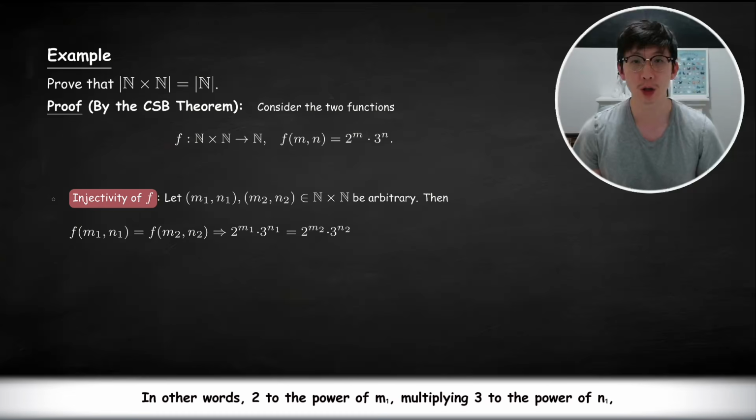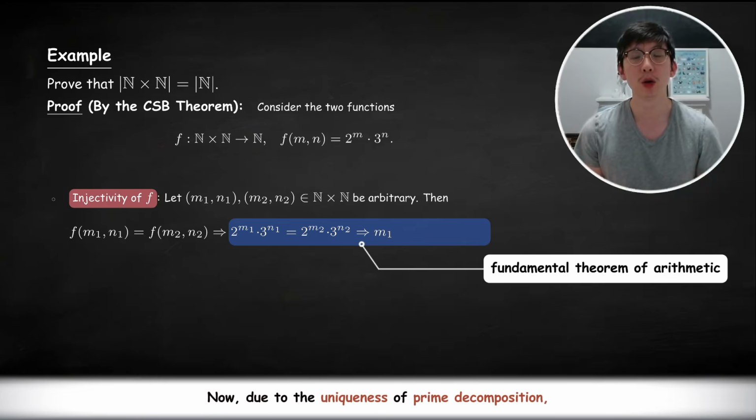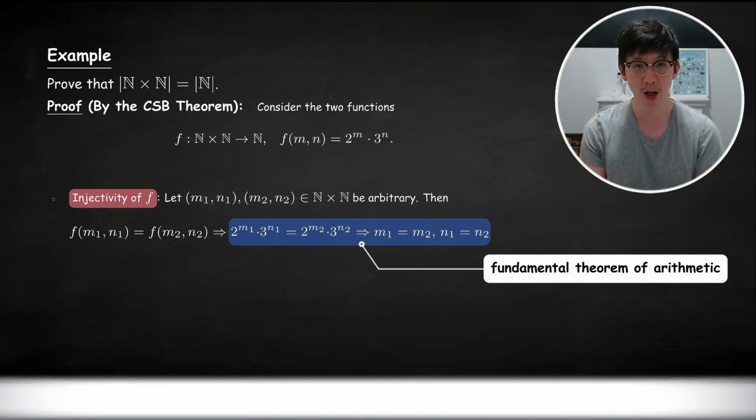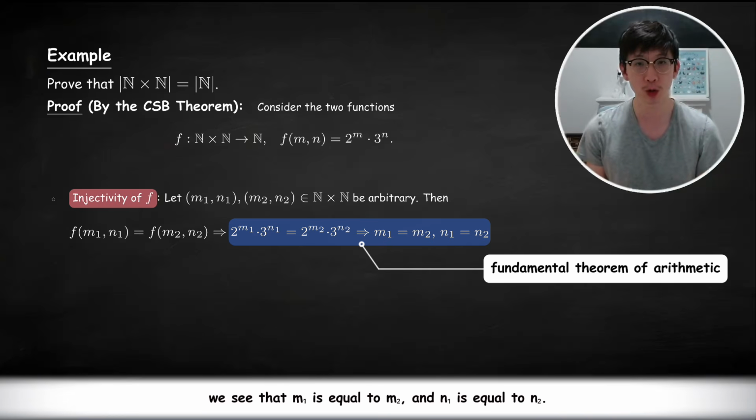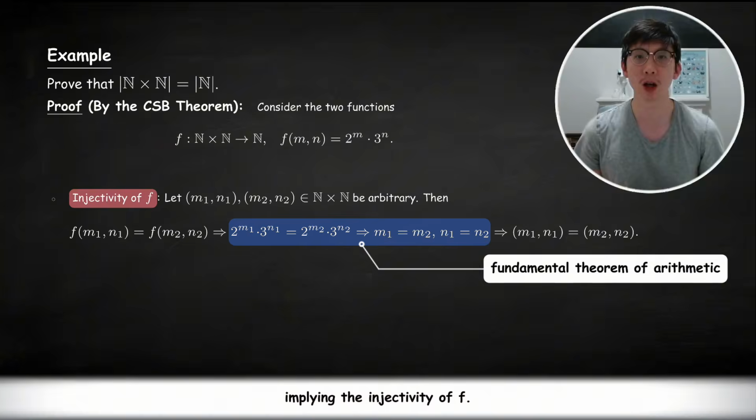In other words, 2^m1 times 3^n1 is equal to 2^m2 times 3^n2. Now, due to the uniqueness of prime decomposition, as is guaranteed by the fundamental theorem of arithmetic, we see that m1 is equal to m2 and n1 is equal to n2. In other words, these two ordered pairs are identical, implying the injectivity of f.